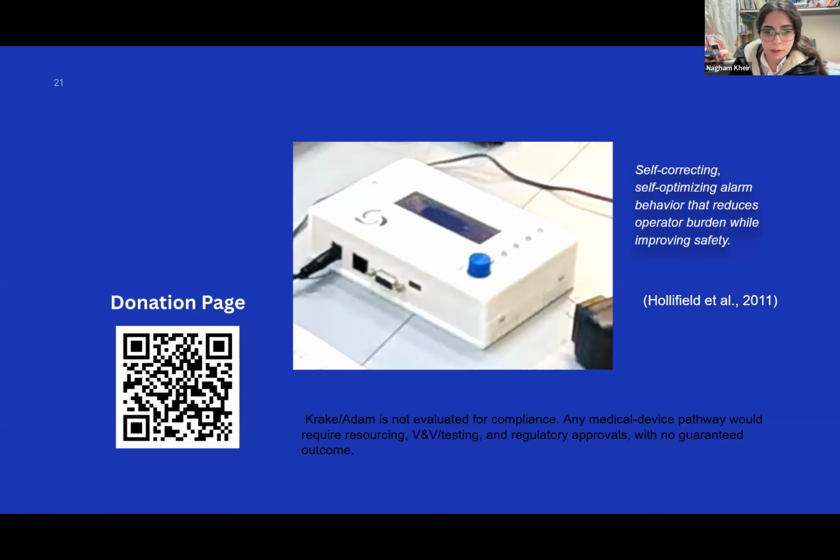And I'm going to take this chance to mention that while researching alarm management and alarm management lifecycle, the gap was so obvious. And ADaM and Krake bridge that gap in a way that when most of the things are still done manually, it can be automated with ADaM.